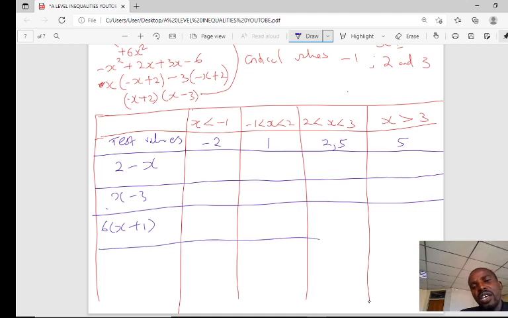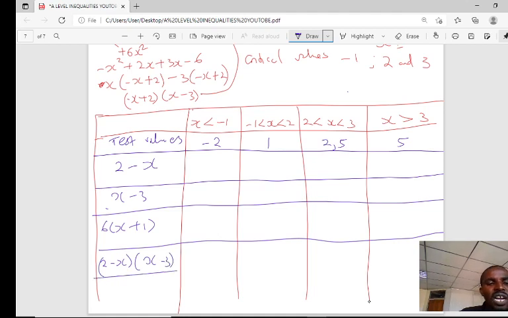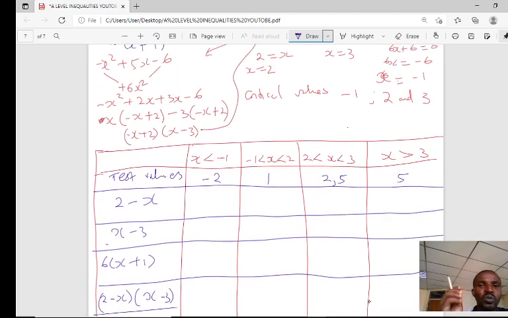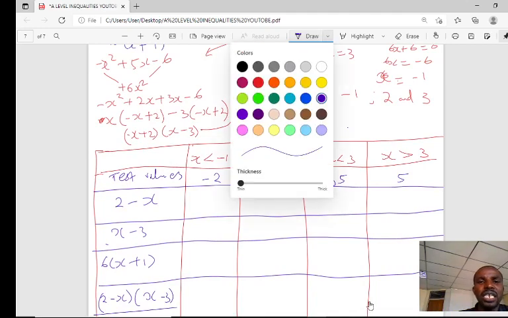Then followed by our function, (2 - x)(x - 3) / (6x + 1). Done. Now let's move on to determine our signs.